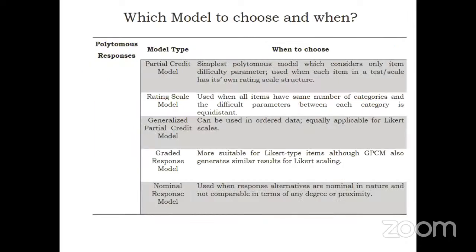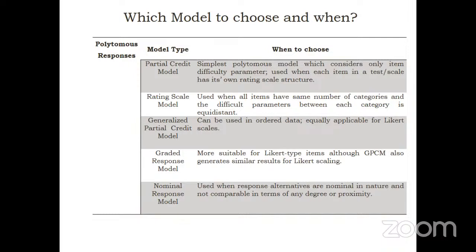So this is something that I discussed. The partial credit model and rating scale model you can use if you are just interested in the probability of endorsing a particular item or the difficulty parameter. But PCM is applicable only if the scale has its own rating scale structure, and the rating scale model is applicable if all the items have the same response categories.